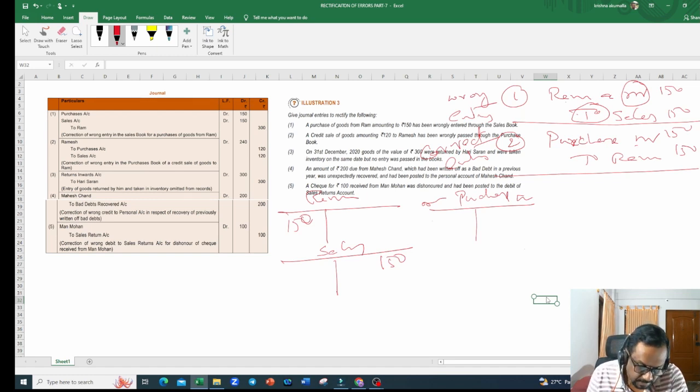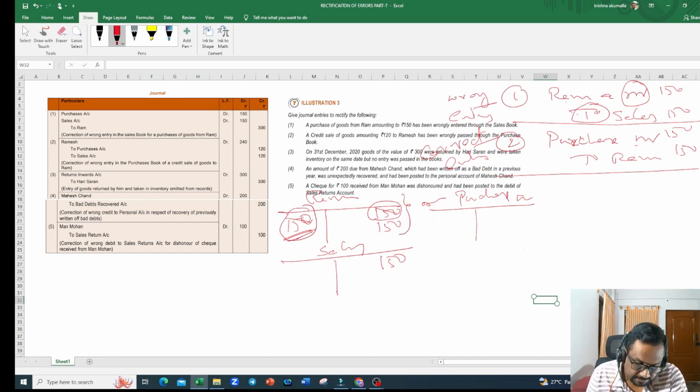How do we rectify? This 150 shouldn't have been there on the debit side of the RAM account. This 150 should have been on the credit side, but by mistake we debited this. If you want to rectify this 150, we need to credit. This 150 will knock off the wrong entry. But we have to credit another 150, right? So that another 150 will come over here. That means RAM account is credited with 300 in total.